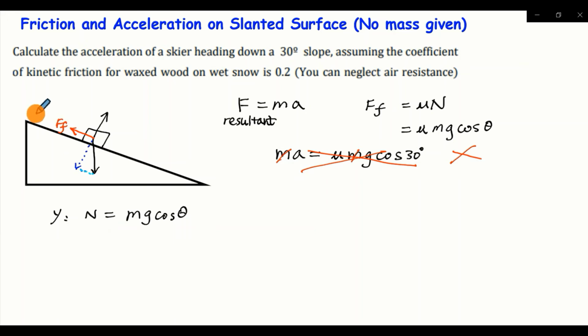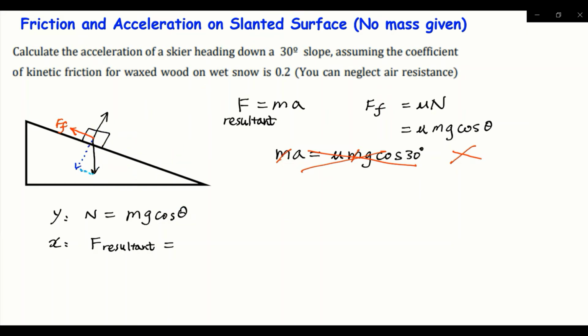Really, the motion occurs only along the surface, so that's in the x direction, where you have a resultant force. If this object is moving and we want to find the acceleration of the movement, that must mean the downward direction.